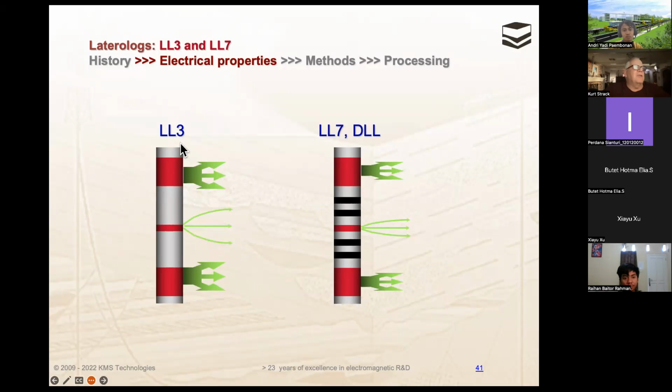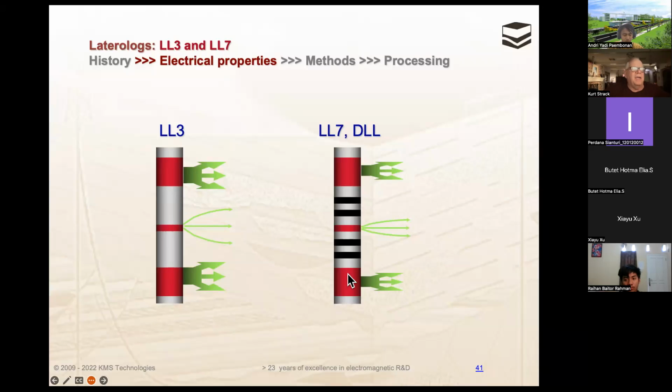And the LL3, which has 3 current injecting electrodes, was the first focusing tool in 1949. The LL7 came a few years later, and they controlled the current they're injecting through these side electrodes into the formation by measuring the voltage across these black ring electrodes such that it became 0.